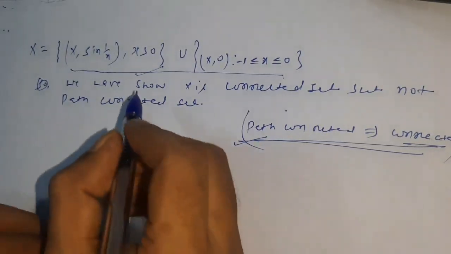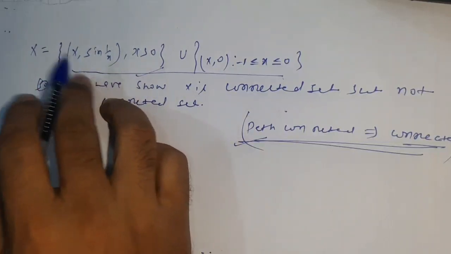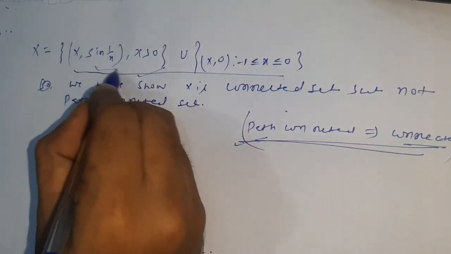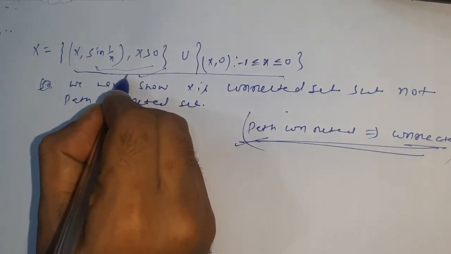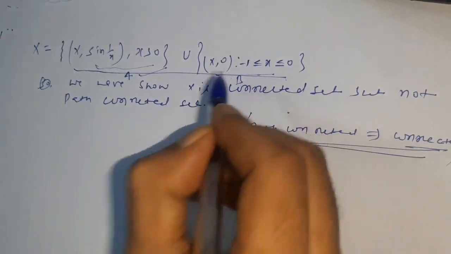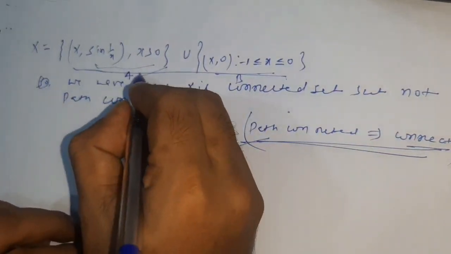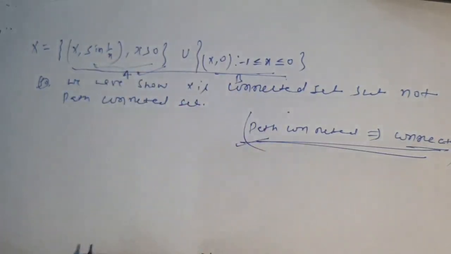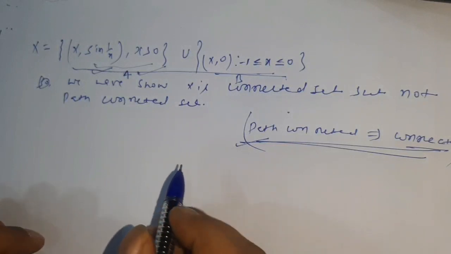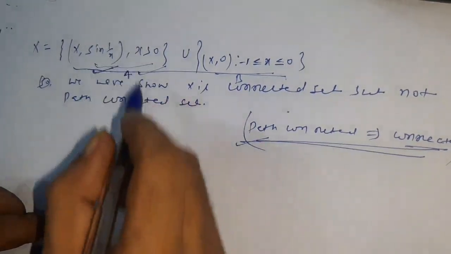For checking it is connected, suppose X is given as a union of two sets. Suppose this set is denoted by A and this set is denoted by B. I will briefly discuss the graph of this set, because many are confused about it.